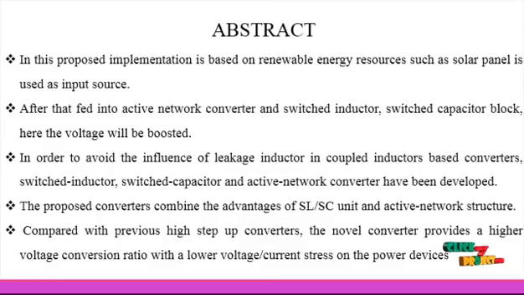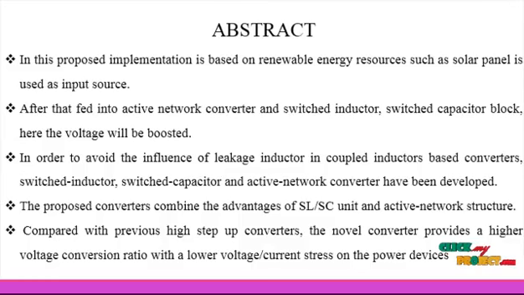High step up voltage gain DC to DC converters are widely used in renewable energy power generation, uninterruptible power systems, etc. In order to avoid the influence of the leakage inductor, coupled inductor based converters, switched inductor boost converters, switched capacitor boost converters and active network converters have been developed, with the transition in series and parallel connection of the inductors and capacitors. A high step up voltage conversion ratio can be achieved.